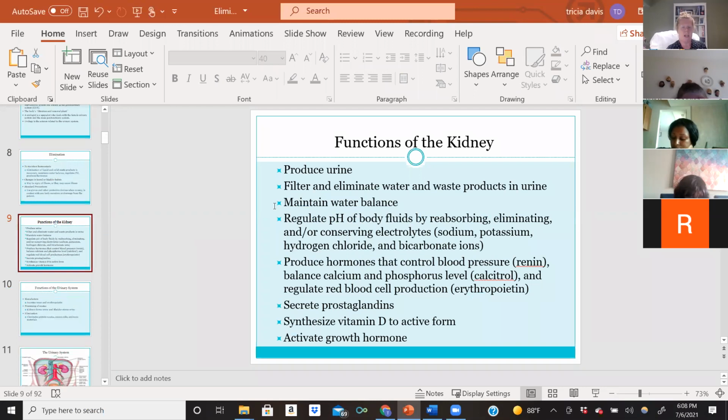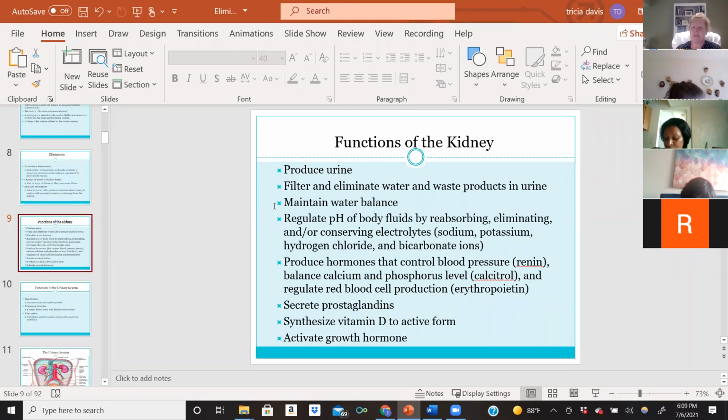All right, so what are the main functions of the kidneys? Well, the important ones that we're going to talk about are it produces urine. It filters and eliminates water and waste products from our body and puts it into our urine, and we excrete the urine from our body. It helps maintain our water balance through the different hormones.